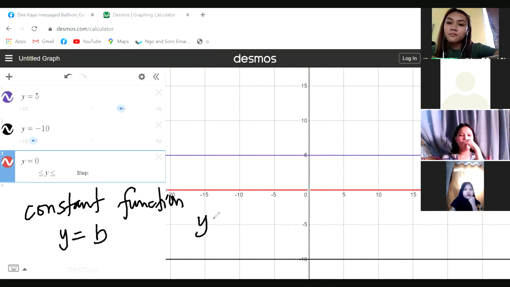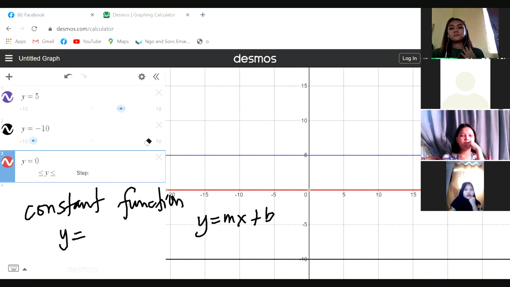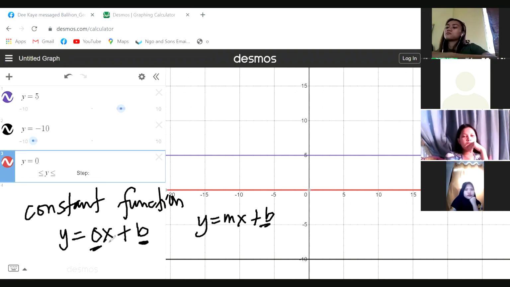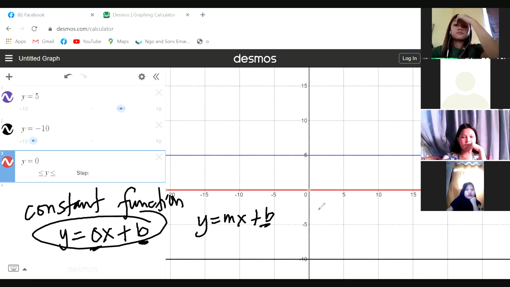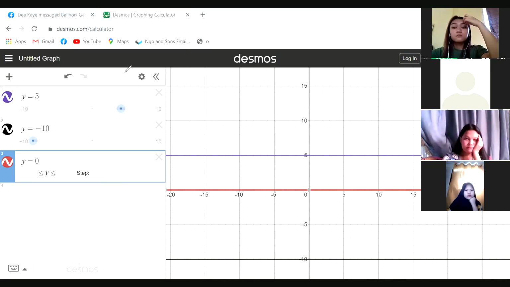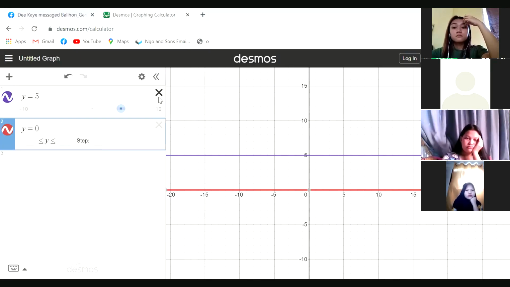If you compare that to y equal to mx plus b, in this case this can be written as 0x plus b. In that case, your m is 0 and your b will be any number. Still, that is of the form y equal to mx plus b. It means a constant function is also a linear function. So that's three. We are done discussing three different special functions.